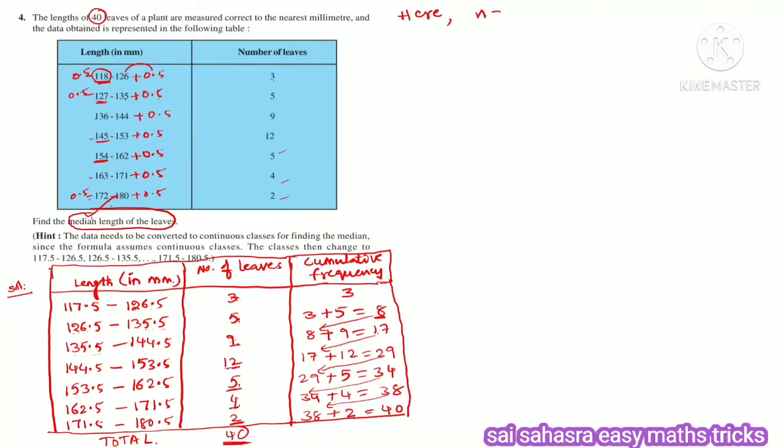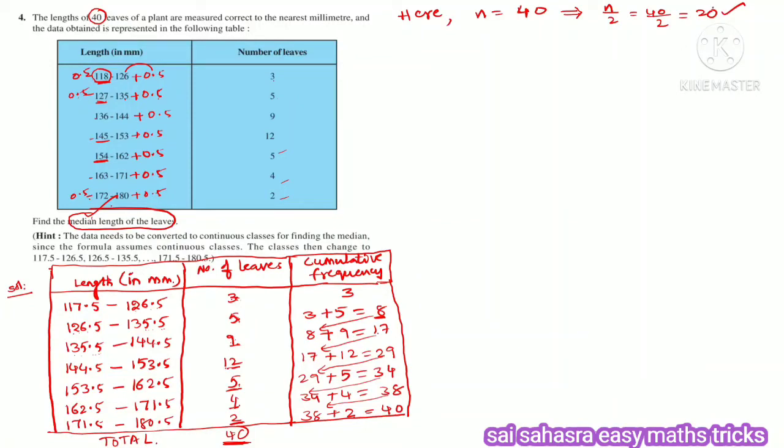Here n is equal to the total number of leaves, total frequency is 40. That implies n by 2 will be 40 divided by 2, that is equal to 20. So this 20 will help us in identifying the median class.